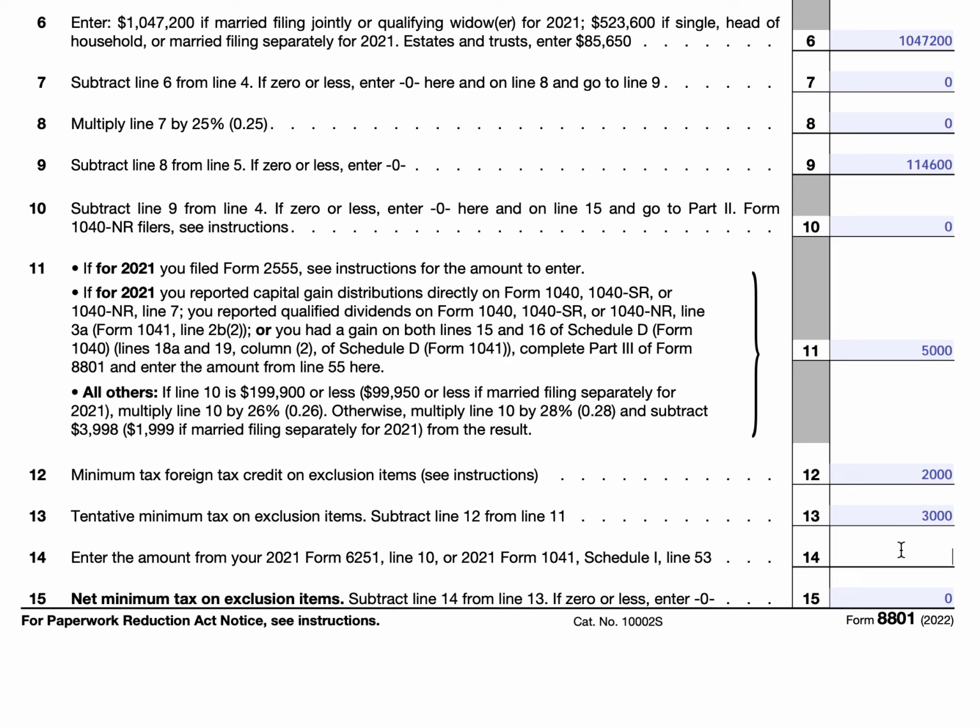And then you would subtract line 14 from line 13. So let's imagine that amount was $1,000. You're going to basically subtract that. This is your net minimum tax on your exclusion items.